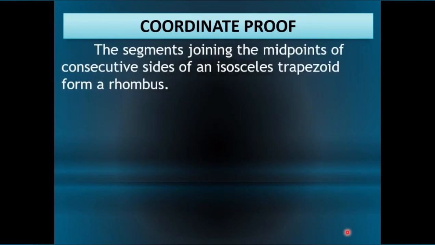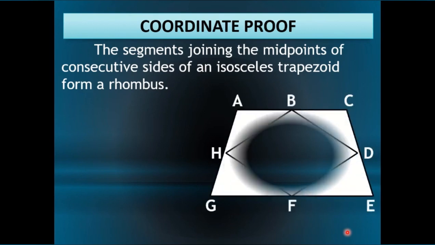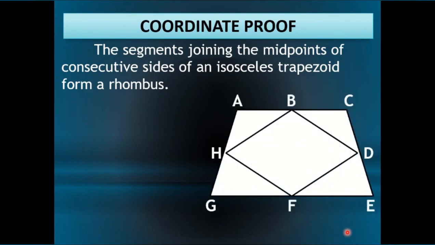Another example: the segments joining the midpoints of consecutive sides of an isosceles trapezoid form a rhombus. So let us say this is our isosceles trapezoid.